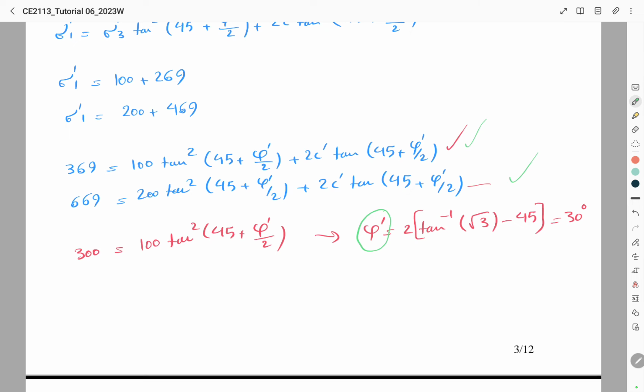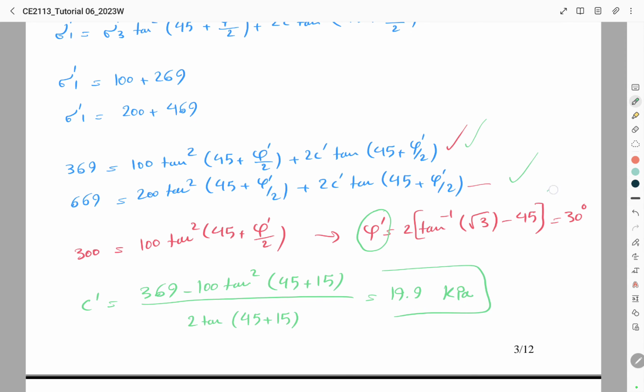So from the first equation, we will have c prime is equal to 369 minus 100, which is equal to 19.9 kilopascal. So these are the values that were asked in this question.